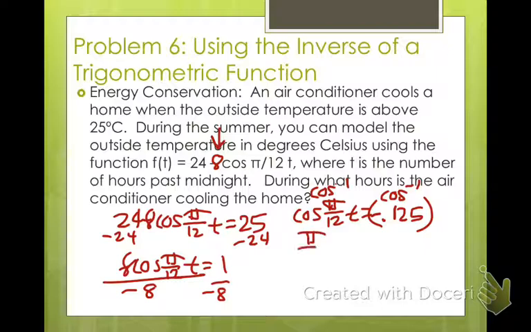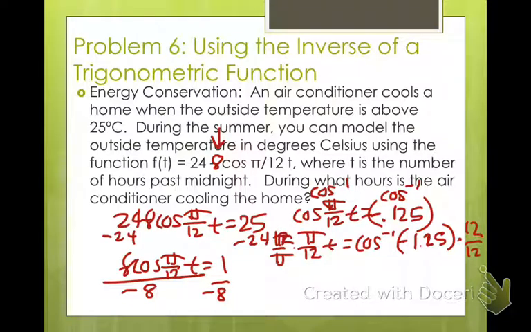You get pi over 12 t equals some number, negative 1.25 approximately. And then you're going to multiply by 12 over pi. So take that messy number and multiply by 12 and then divide by pi. And then you should get t equals 6.5.